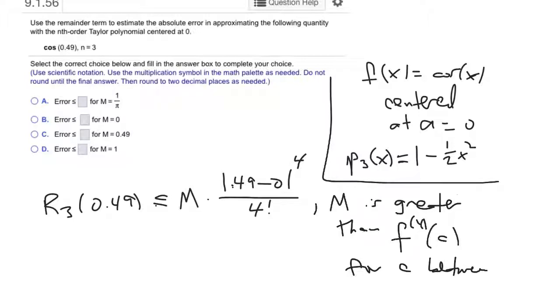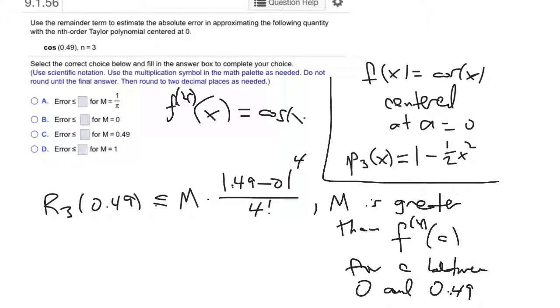The largest that we see the 4th derivative ever being between the center of the estimation, which is 0, and the value that I'm estimating, 0.49. In this case, it's pretty easy because sine and cosine derivatives are really easy. The 4th derivative here is just cosine again. If you take 4 derivatives of the cosine function, you come back to the cosine function.